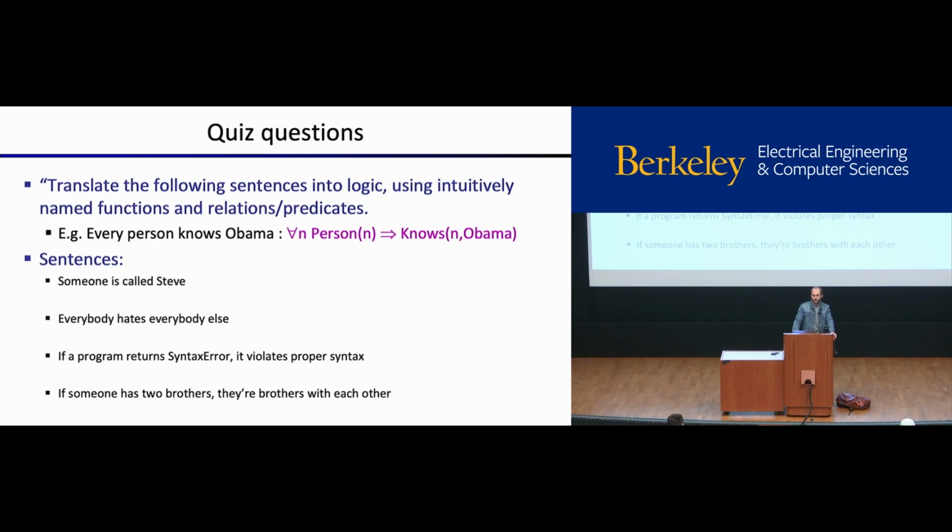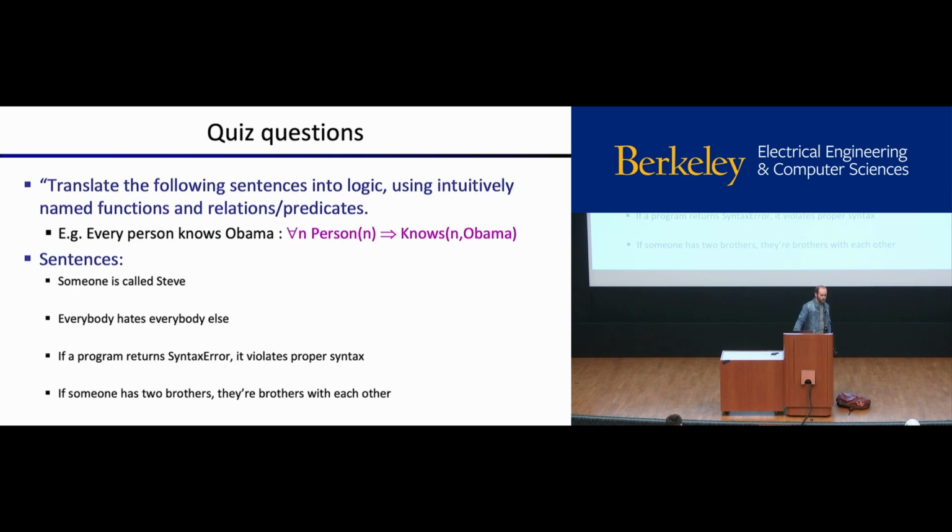Anyone want to offer a possibility for the first sentence? Yeah. There exists an X such that person X implies name of X is Steve.